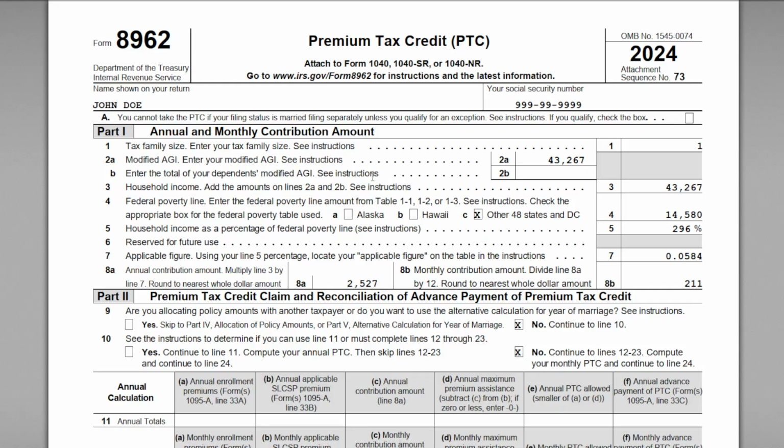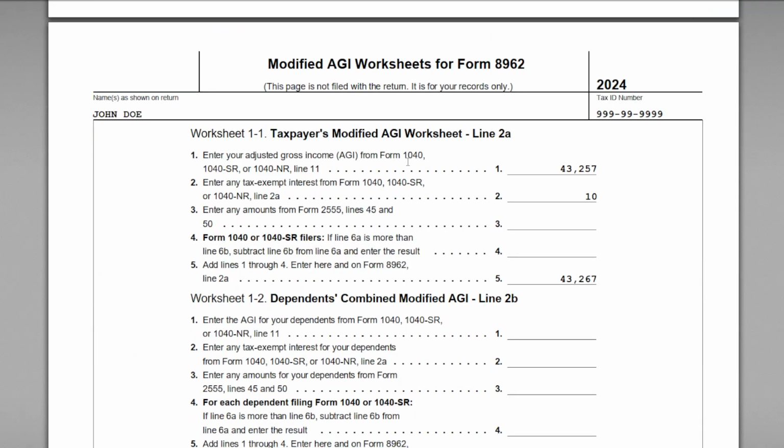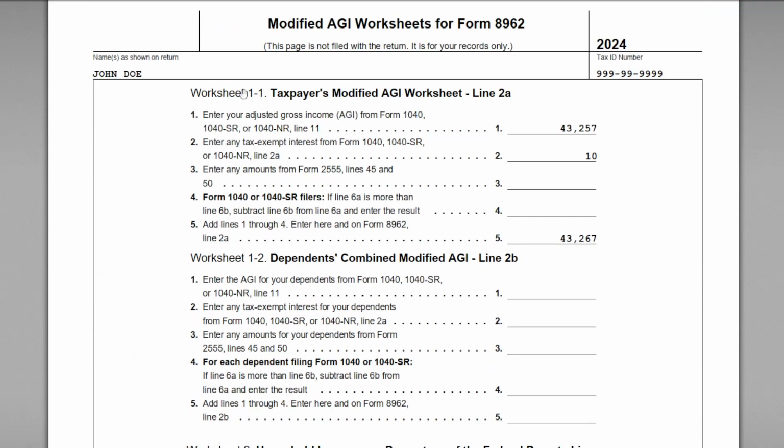Well, in the form instructions, there's a worksheet for this, and we also have one below the form here: Worksheet 1.1, modified AGI for the 8962. We use your adjusted gross income as the starting point, and then we make two adjustments. One adjustment is made for any tax-exempt interest, and then we have a second adjustment, if applicable, for Form 2555, which is the foreign earned income exclusion.